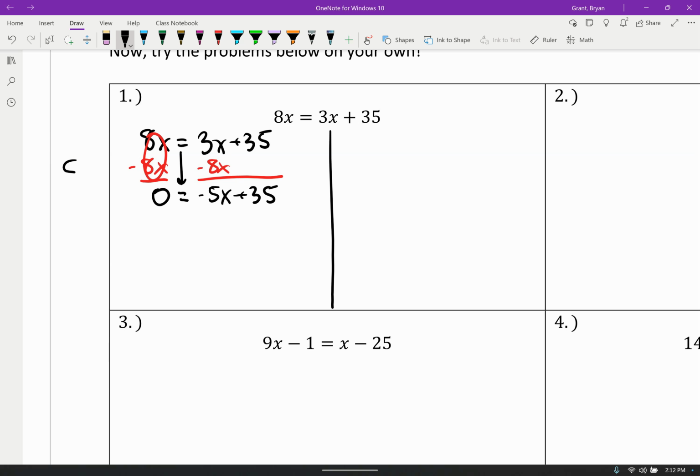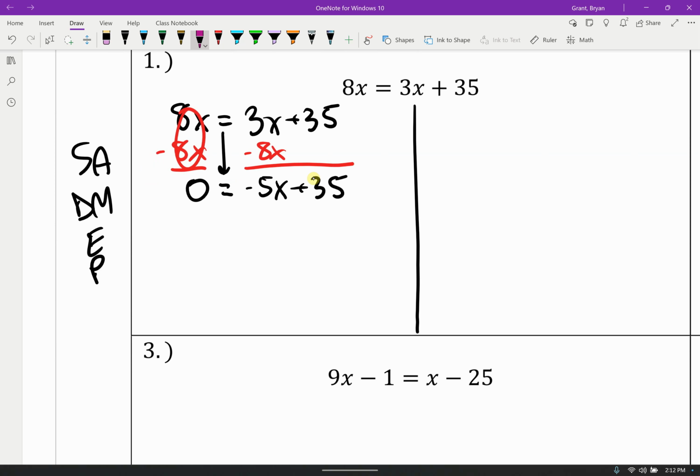So at this point, if we work through SADMAP, you'll notice that there are actually 2 numbers still attached to x. 35 is adding, while this negative 5, what's in between the 5 and the x, nothing, multiplying. The negative 5 is multiplying here. Turn that into a circle. So that shows us we actually have to subtract 35 from each side first.